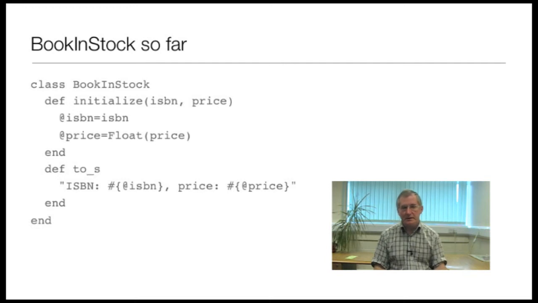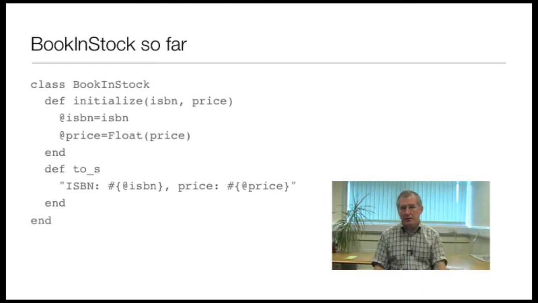But of course the first thing we need to do is to be able to instantiate those in a new object, and that's where the initialize method is called. I'll say a little bit more about this as time goes by, but the creation process of an object is a two-step process.